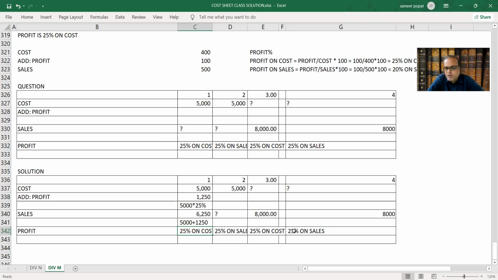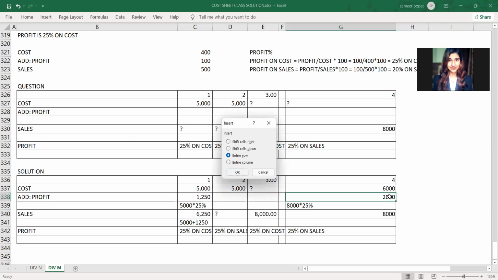So directly we can apply 25% on sales, that is 8,000. So 8,000 into 25%, you will get the profit, that is 2,000. Sales minus profit is your cost. So this is your balance figure. Got it, everyone?